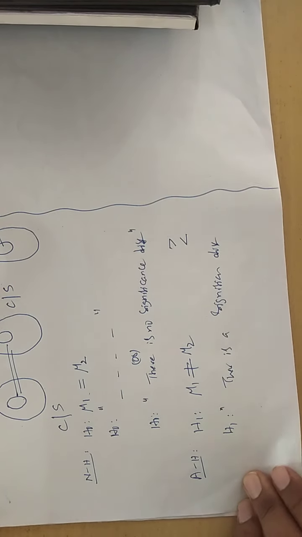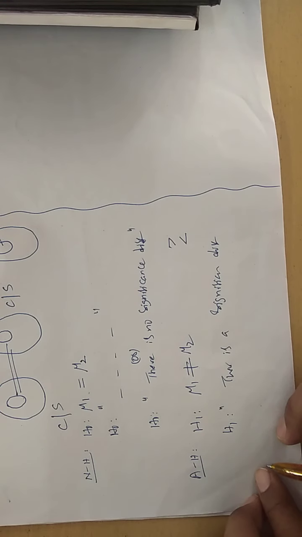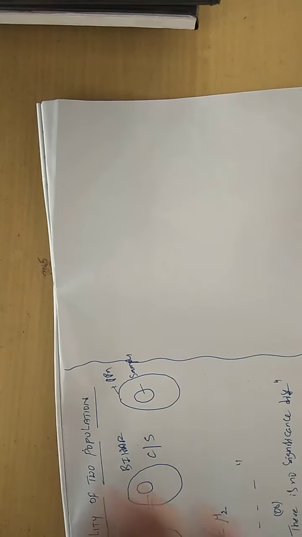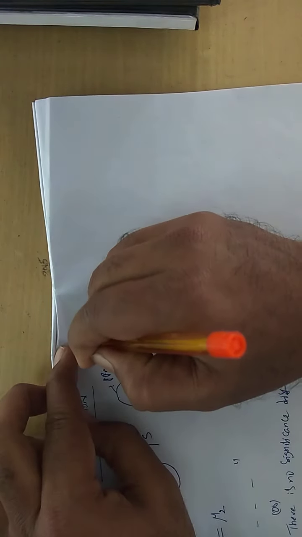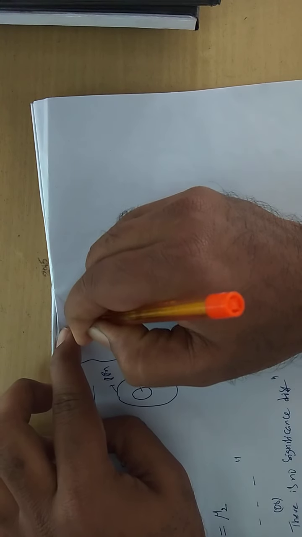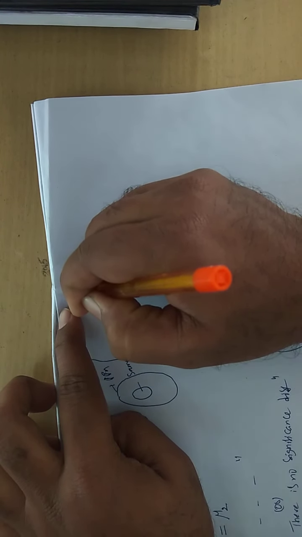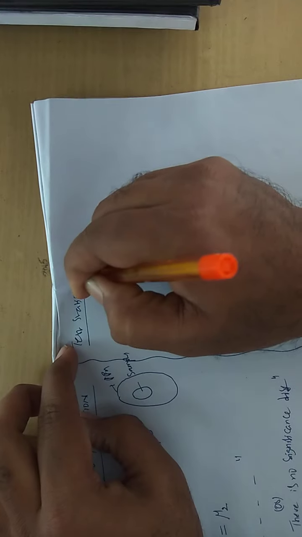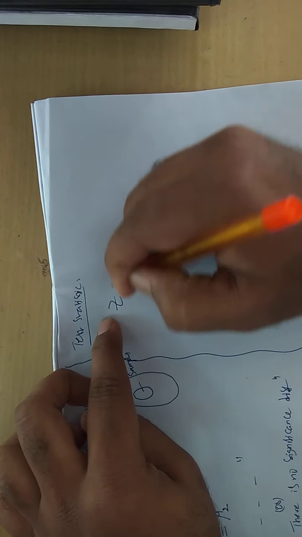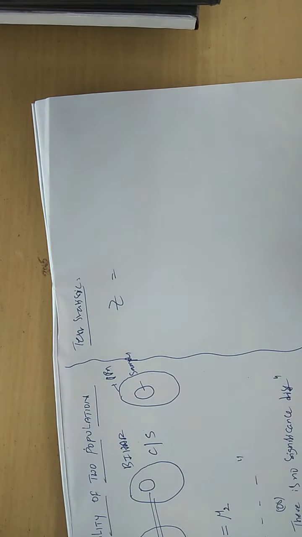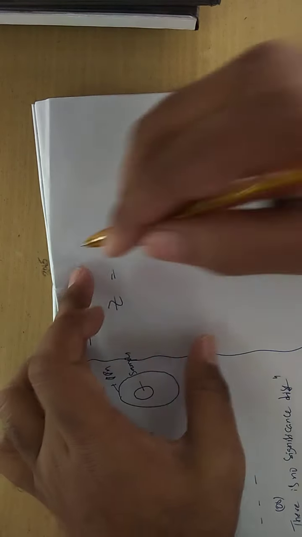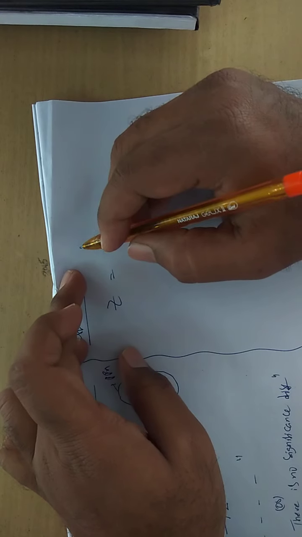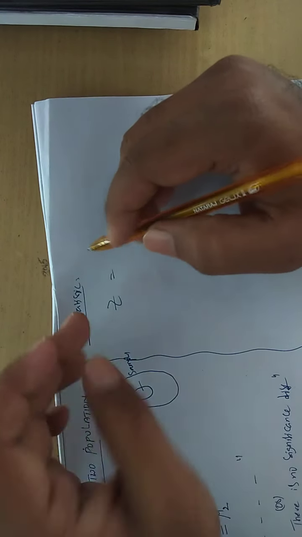Then here, what is the formula? So here the formula is the test statistic. That is Z is equal to, because large samples always follow normal distribution. So here the difference of the populations you are considering in terms of the means.